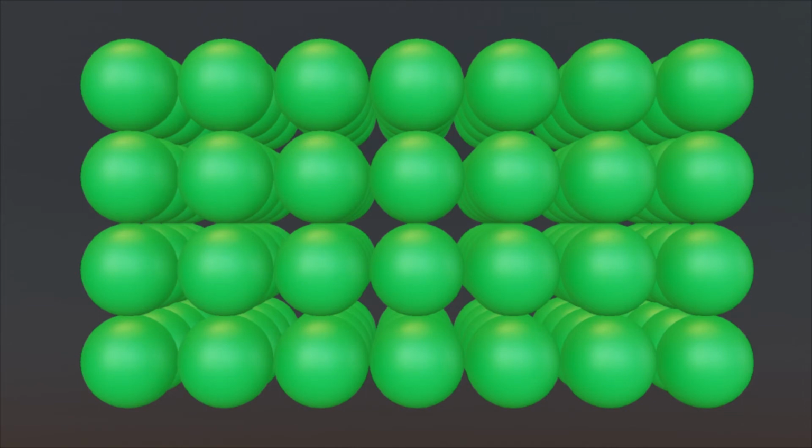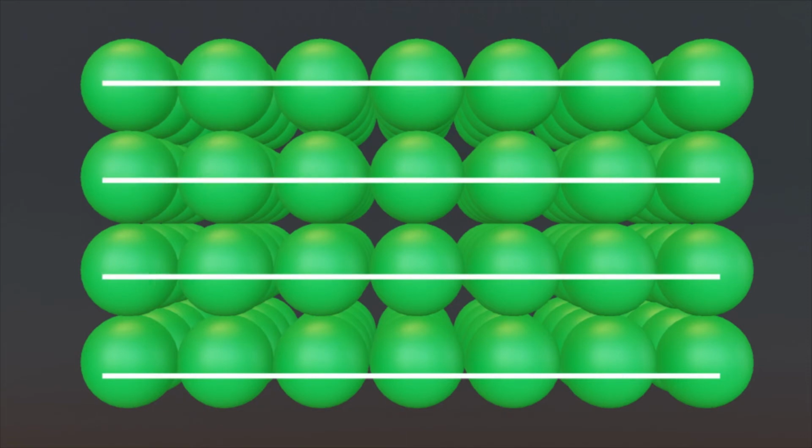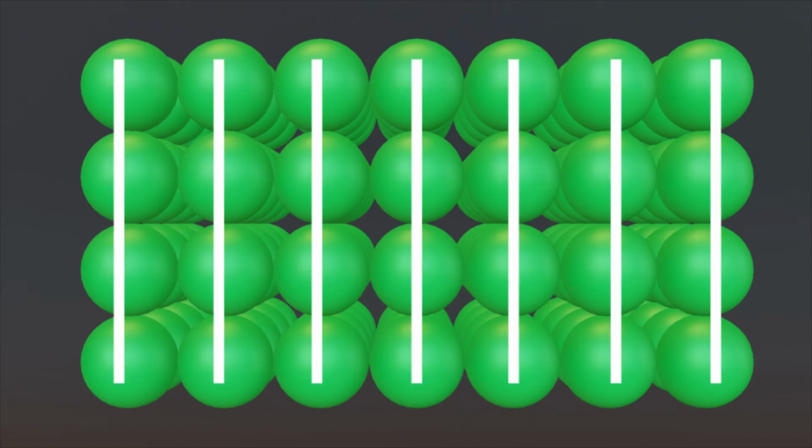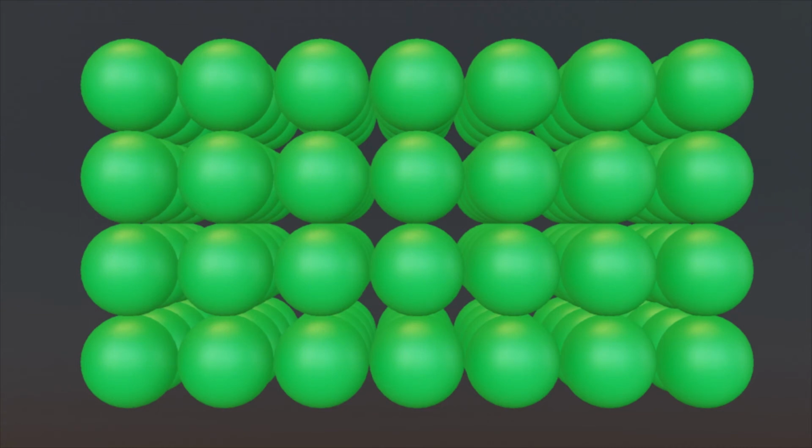In this arrangement, spheres of both the layers are perfectly aligned horizontally as well as vertically. If the arrangement of the spheres in the first layer is called A-type, all the layers have the same arrangement, thus the arrangement is of AAA type.